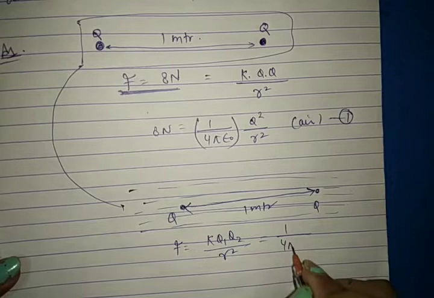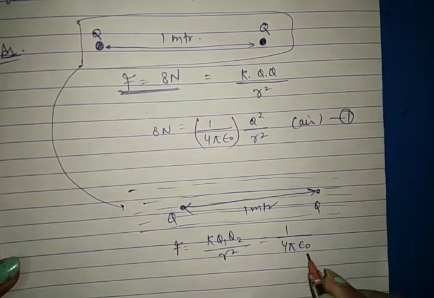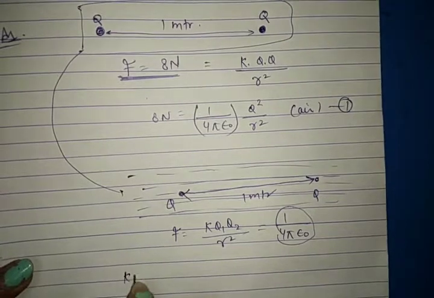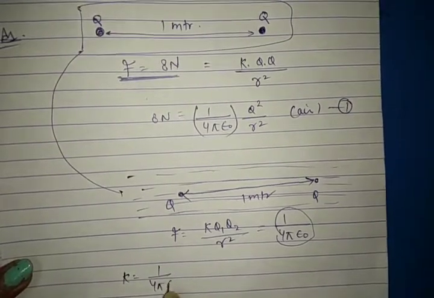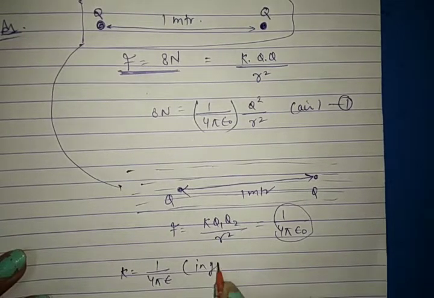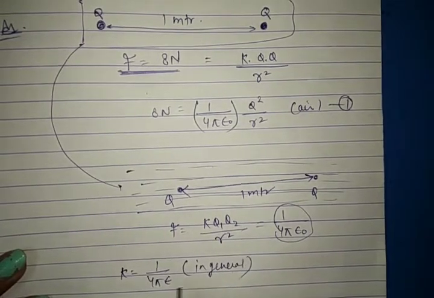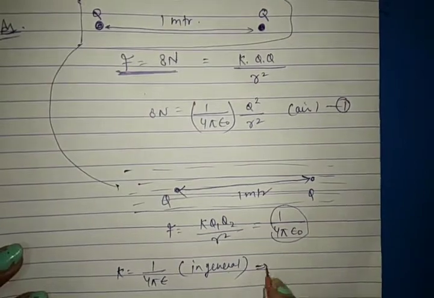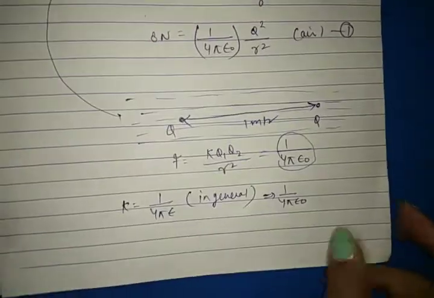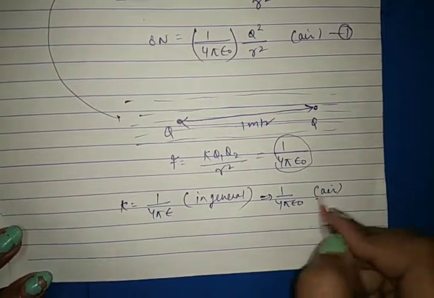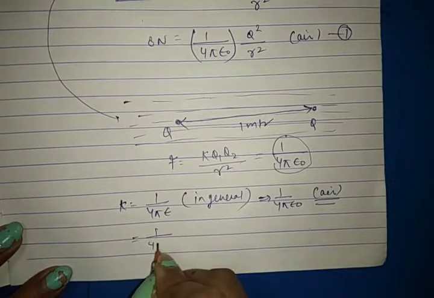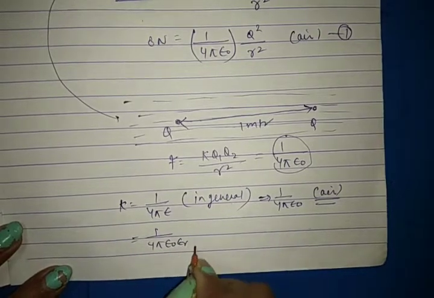K is 1 upon 4 pi epsilon naught. In case of vacuum, the value of K is 1 upon 4 pi epsilon in general, but in case of air, it becomes 1 upon 4 pi epsilon naught. But now the arrangement is kept in water, so the formula will be 1 upon 4 pi epsilon naught epsilon r.